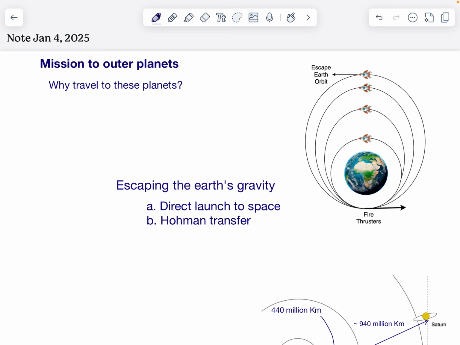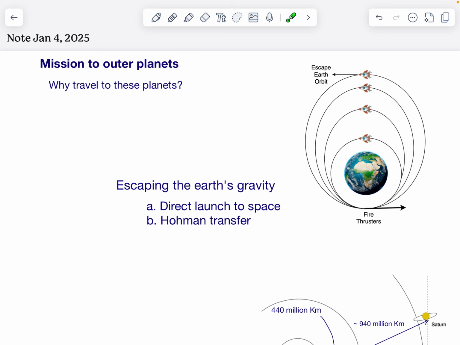Okay? So the most vexing of the possible applications of physics, and some of the most interesting of these, is travel to outer space. And when I say outer space, I'm talking about traveling to outer planets.